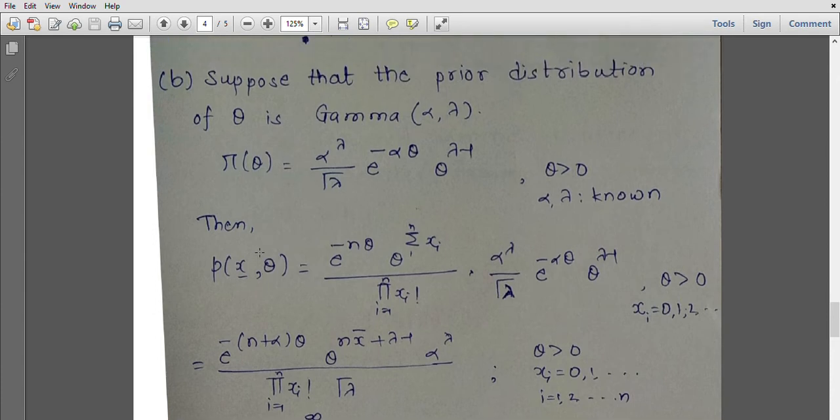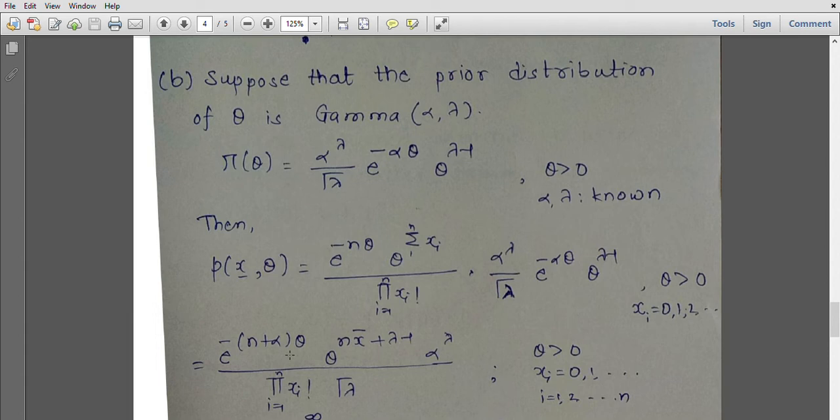As I had mentioned in the live Zoom lecture last week, the posterior distribution is always proportional to the joint distribution of the data and the parameter, that is, of the observable random variable x and theta. If you look at this carefully, you will find two terms which contain the parameter theta. The first term is e raised to minus n plus alpha times theta, and the second term is theta raised to n x bar plus lambda minus 1.